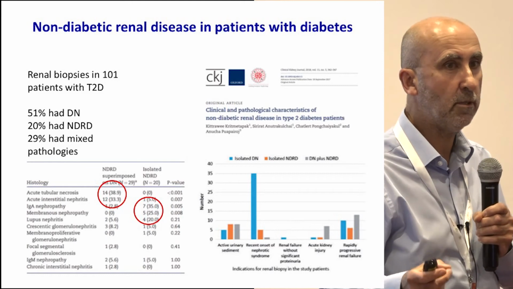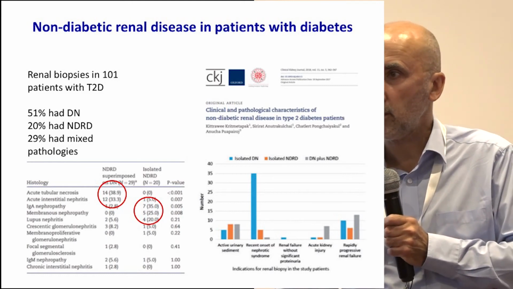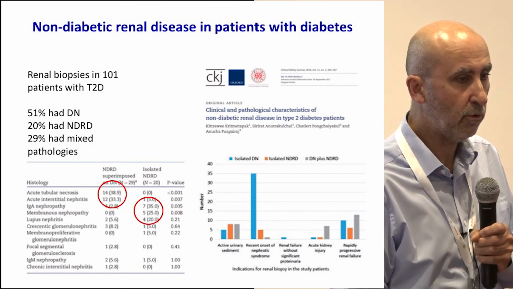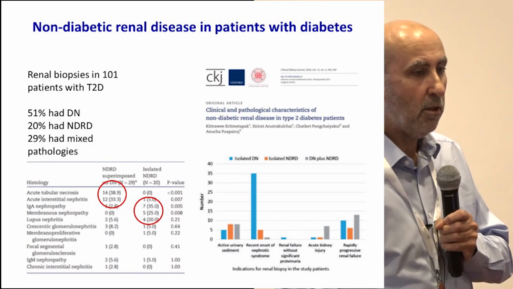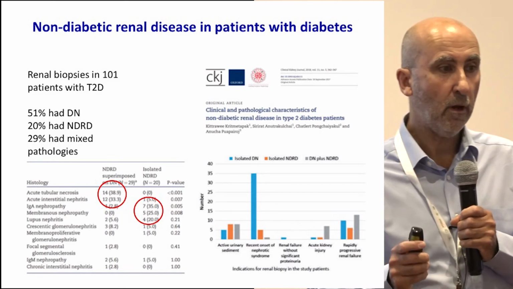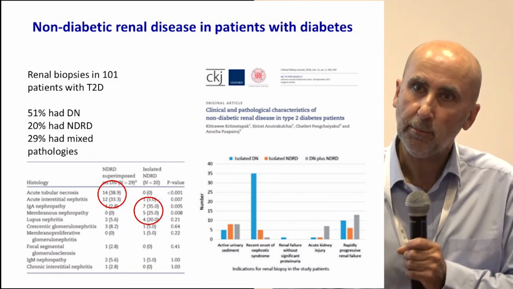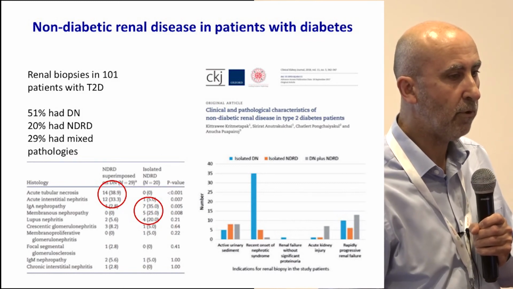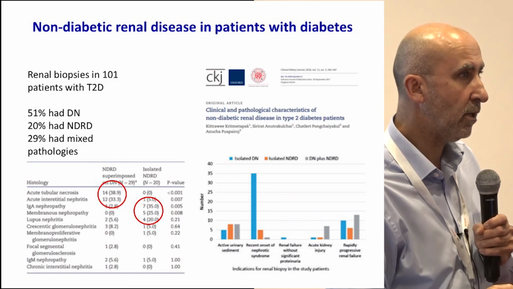And this isn't surprising, a secondary FSGS associated with a hypertensive, obese diabetic. Not surprising. The most common non-diabetic cause of an acute presentation was various types of glomerulonephritis and tubulointerstitial nephritis.